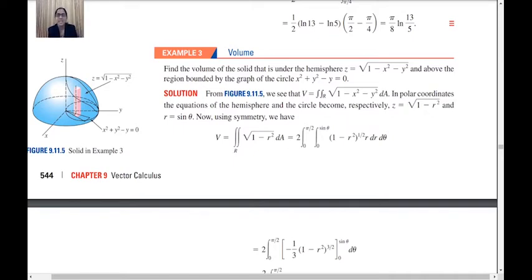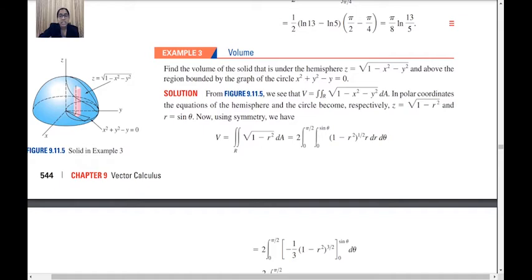So let's see how we can convert the equation into polar form. First of all, what is given? We are given z = √(1 − x² − y²), that is f(x, y). If we convert that into polar form, x² + y² will be replaced by r².